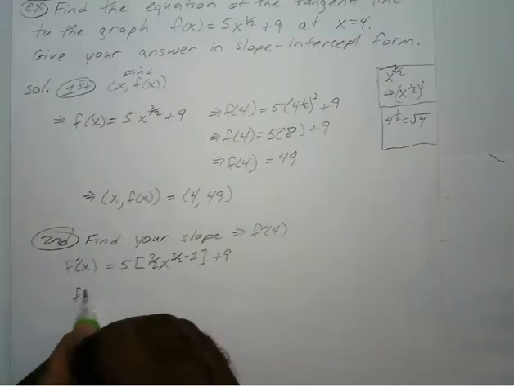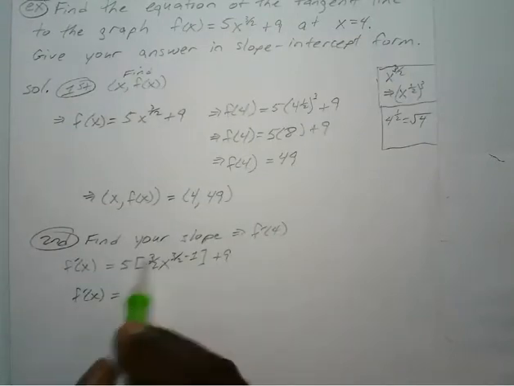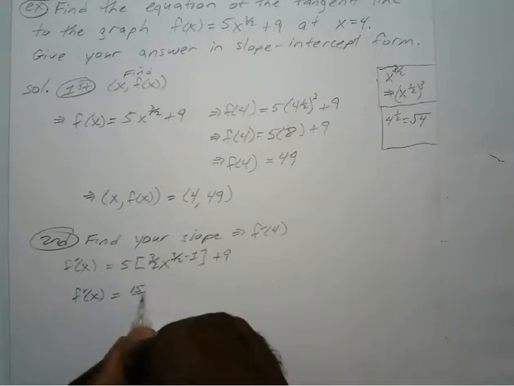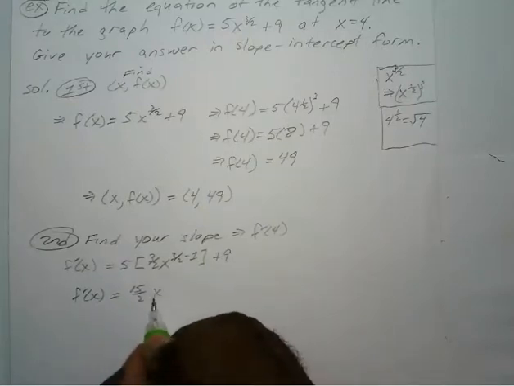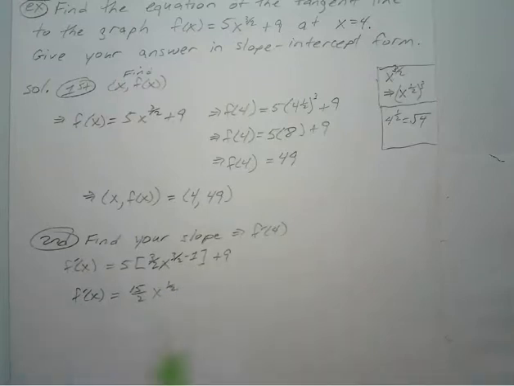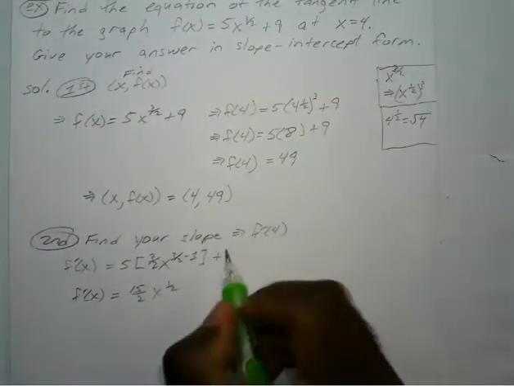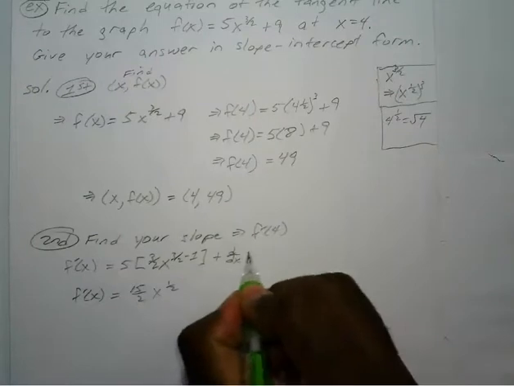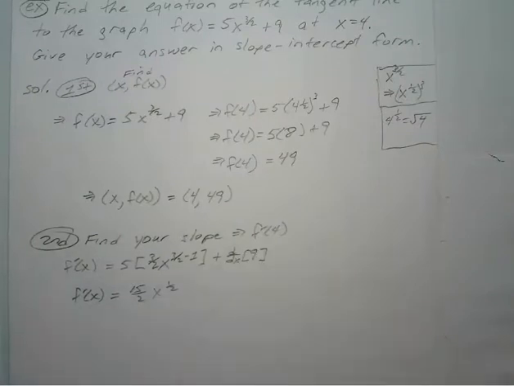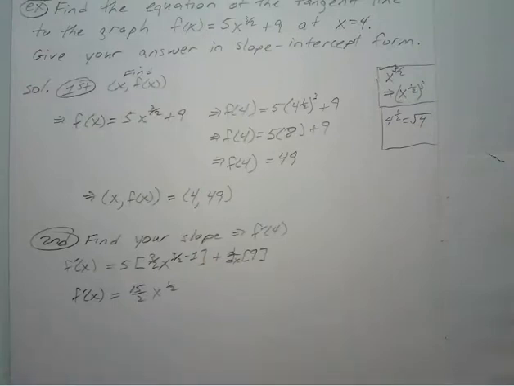Okay, so that means your f prime of x is going to equal 5 times 3 is 15, so we have 15 over 2. 3/2 minus 2 over 2 is 1/2. And the derivative, actually I should have the derivative of 9. There we go. So the derivative of 9 is just 0, so that disappears. So we end up with our f prime of x here.